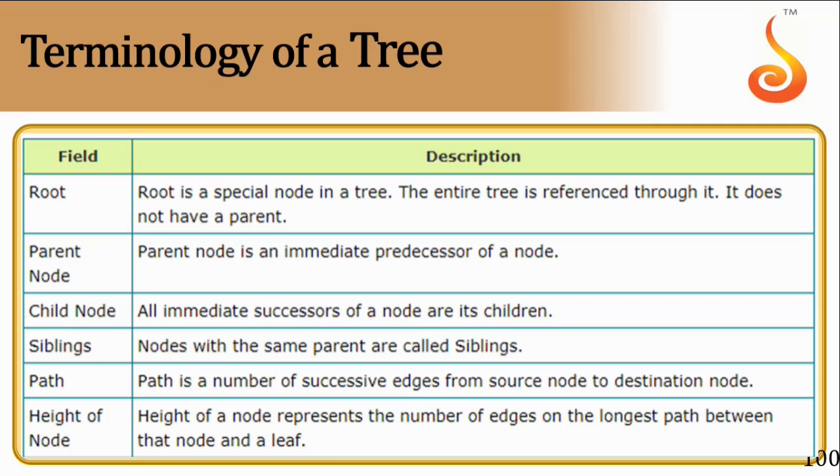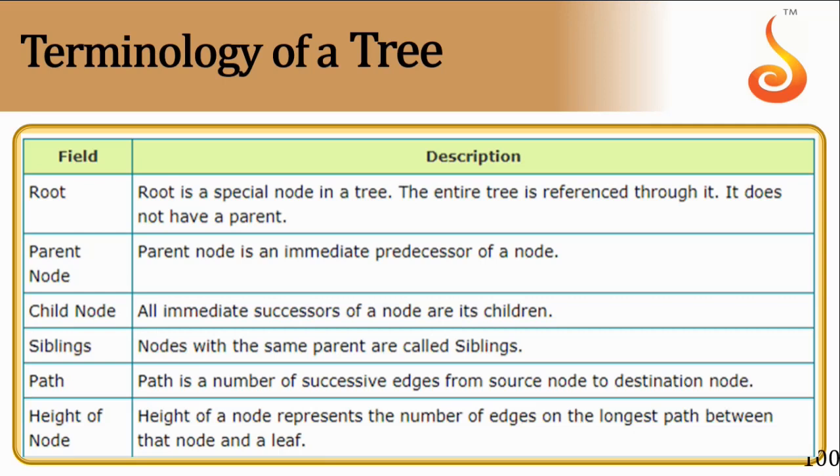What does the node store? The node stores data, which is nothing but information, and has links. With the help of links only can you traverse the tree, that is, move from one node to another. Otherwise, how will you traverse? So a node stores information or data, and it also has links to other nodes of the tree.